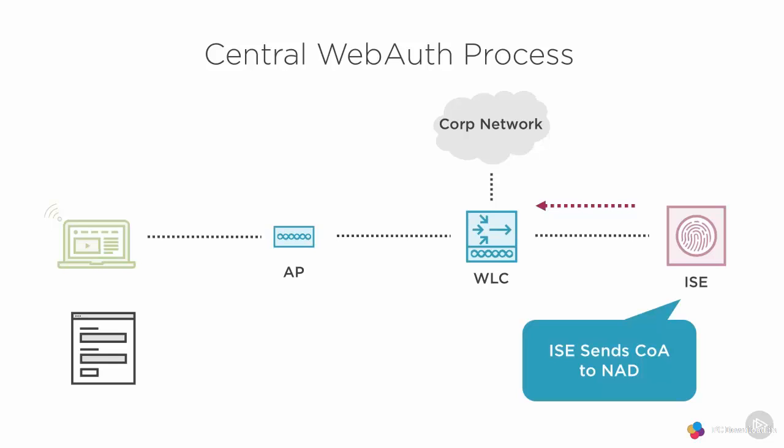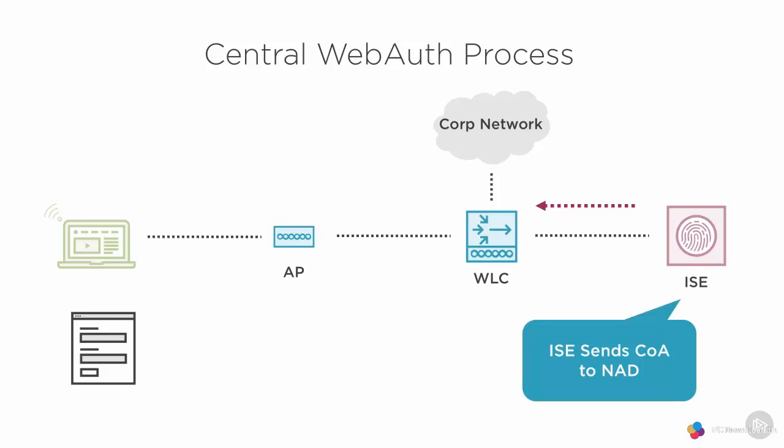And this is a method of sending a RADIUS message back that tells that controller or switch, depending on which we're working with, but in this case, our controller, for that particular user that we had applied this access list to before, I need you to change it to this access list now. So we're changing the authorization for this user.